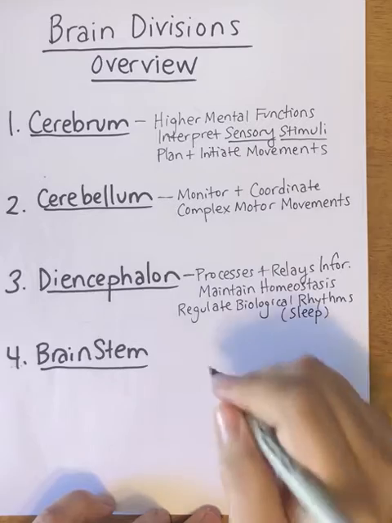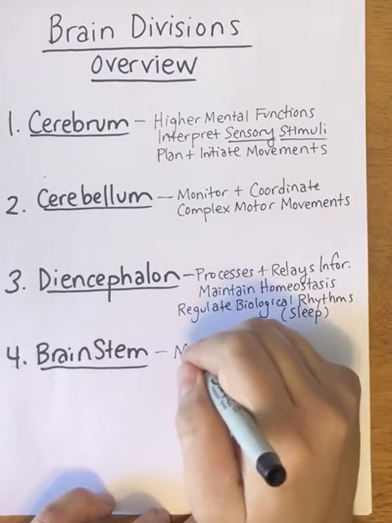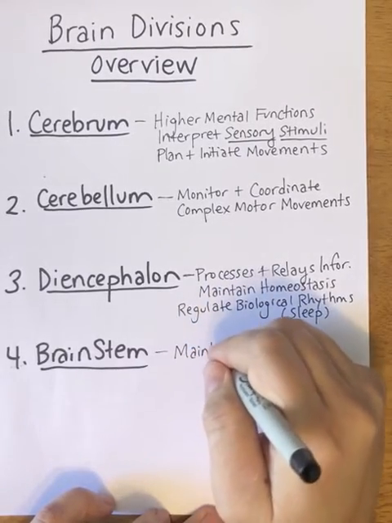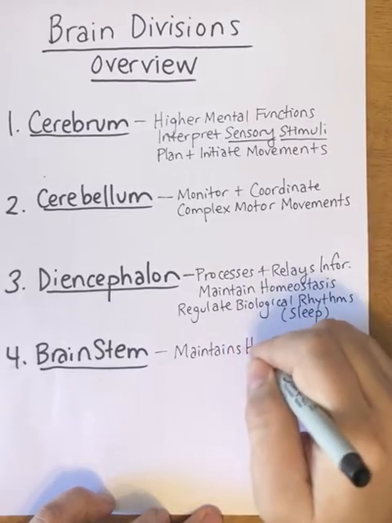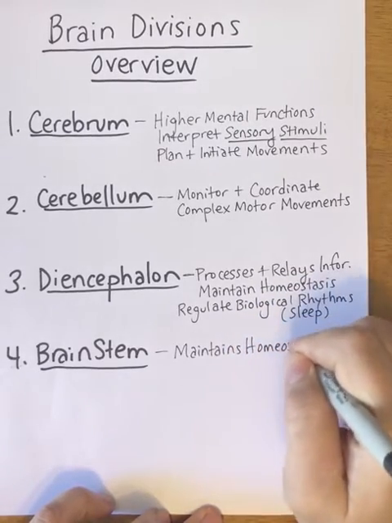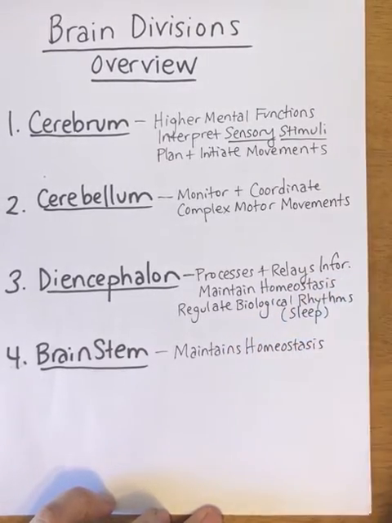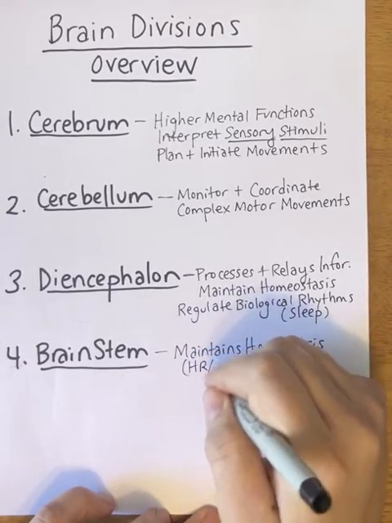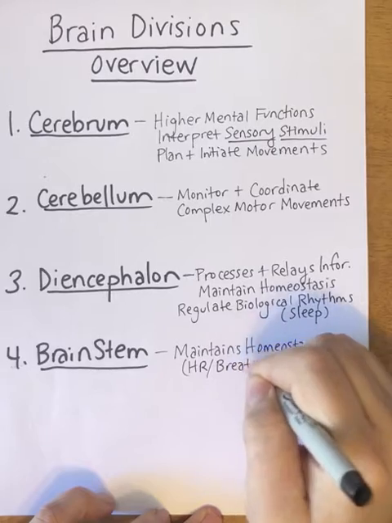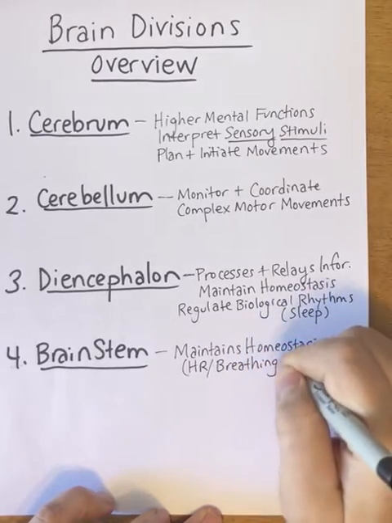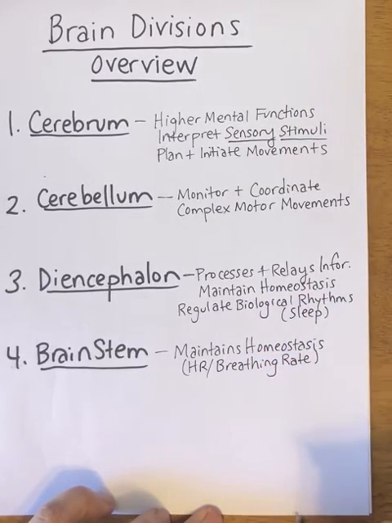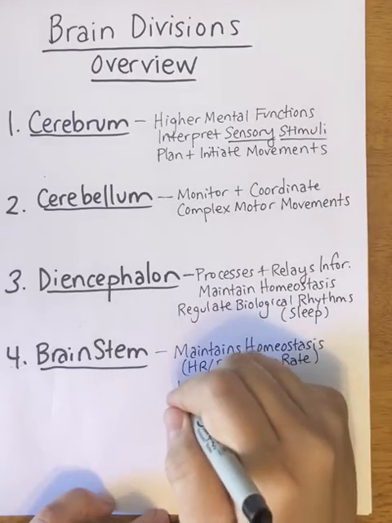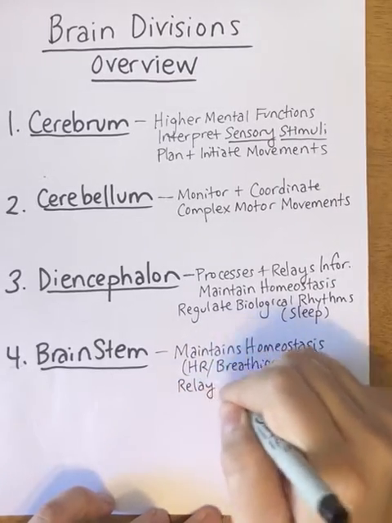And then the brainstem also is going to help with maintaining homeostasis. Different kinds of homeostasis, like heart rate and your breathing rate. These are the main systems in the brainstem, but it also is going to relay information as well.